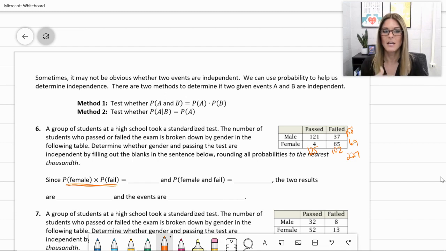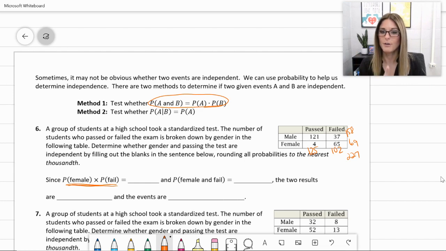They've said since the probability of female times the probability of fail. So they are getting us prepared to compare this first method. We're going to see if the probability of A and B is equal to the probability of A times the probability of B. So we're doing kind of that second part first. So I need to find the probability of females, and then I'm going to multiply it with the probability of fail.